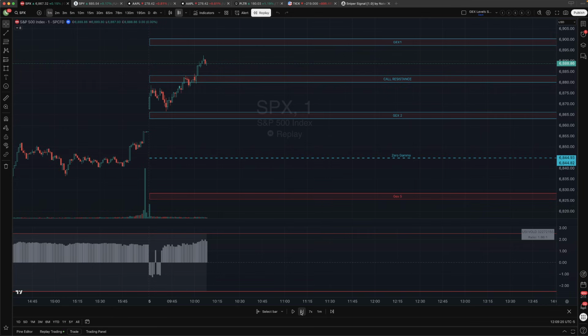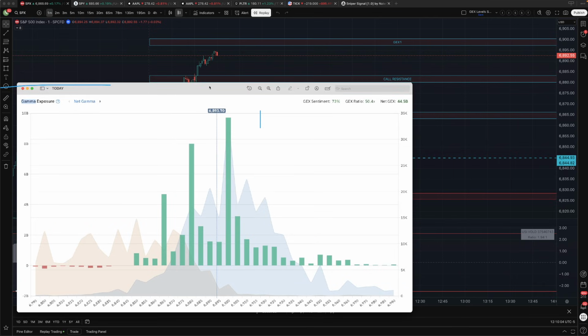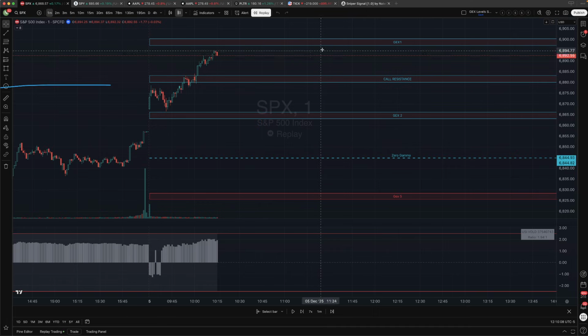As we pushed up above it, I looked at the gamma exposure level and I saw that this positive gamma level at 6,900 all of a sudden got bigger and became the largest level on the chart, which told me that as we were coming above the previous one, a lot of call volume was coming in at this level above, and we would most likely continue to drift up towards that level.